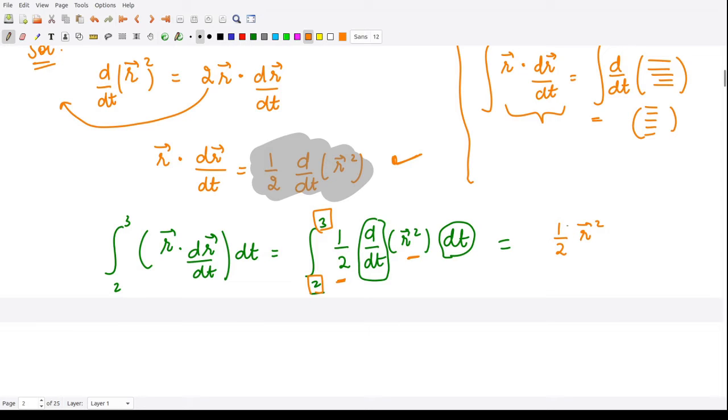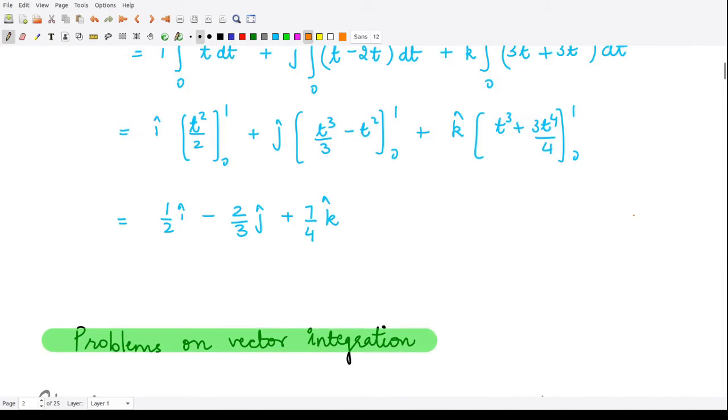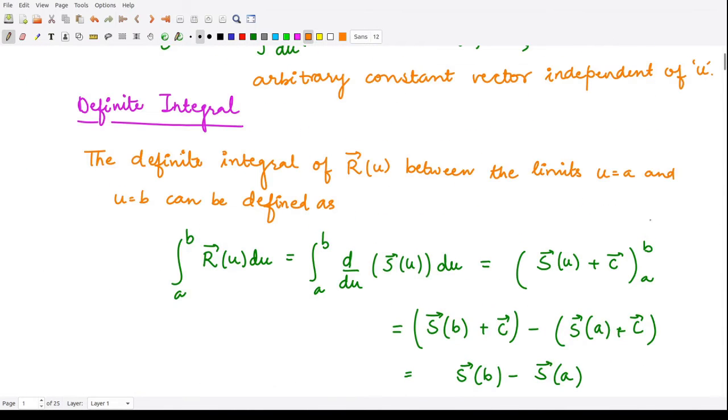We compute the value for this vector at the point t is equal to 2 and t is equal to 3, because that is the definition of a definite integral: if you take the derivative of some quantity, the integral would be equal to the value computed at b minus the value computed at a.